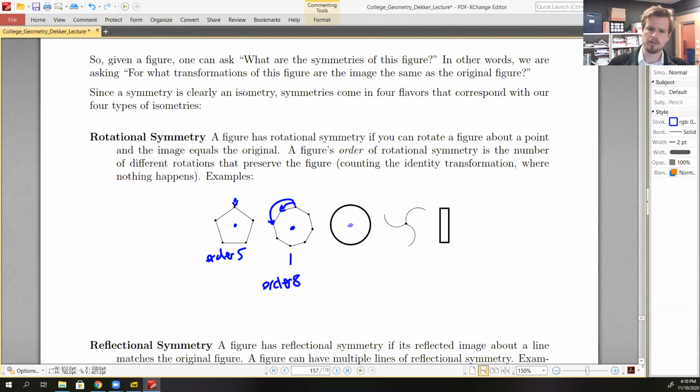Now what about the circle? If I consider what happens to this point, I can rotate it a little bit or a little bit more, or somewhere in between. I can rotate by any measure that I like, so this is actually of infinite order.